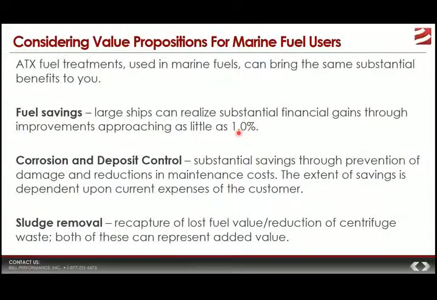They also need to make sure that they control corrosion and deposits. And if you can do that, which ATX does in the marine environment, you get substantial savings there. And of course, recapturing lost fuel value through sludge removal. The value is there both for the marine and the on-land user as well.